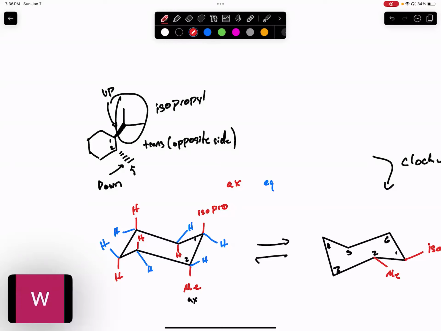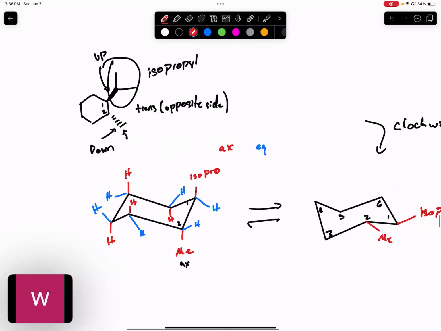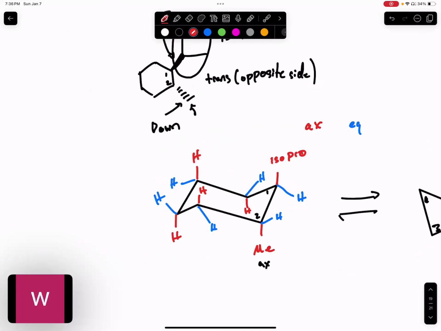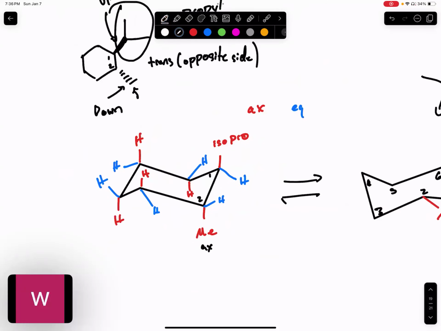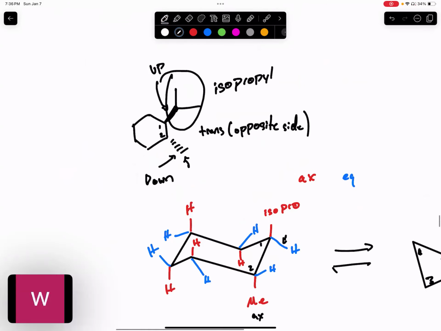So this dash line means that it's pointing away from you, so it's pointing down. How do we know when something's supposed to be axial and equatorial? You look at the way it's drawn. So, for example, here, this hydrogen on this group would be pointing down, hydrogen number 1.